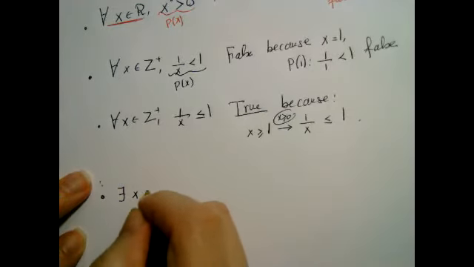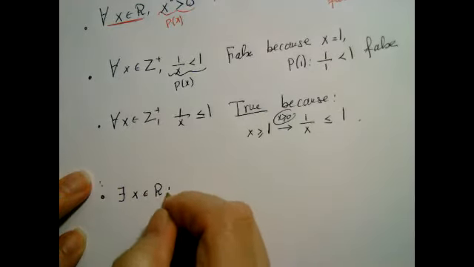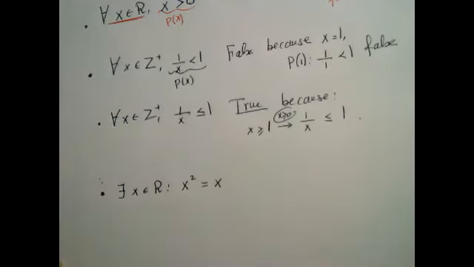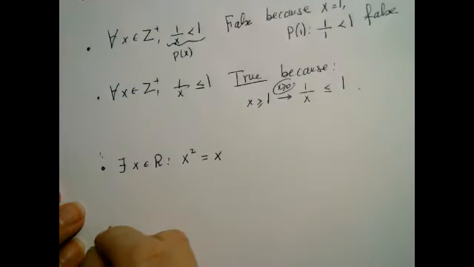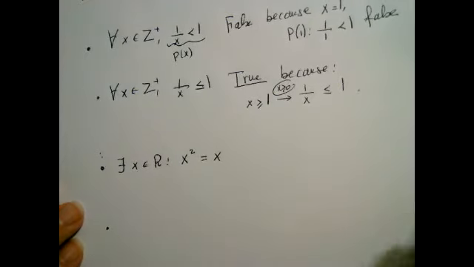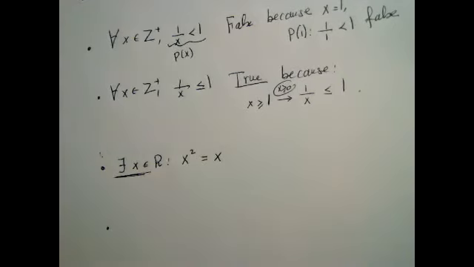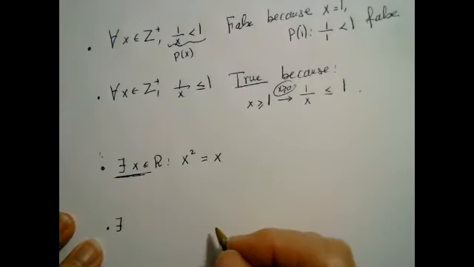There exists x in R such that x squared equal to x, true or false? Now it's an existence problem. Existence is true if... True or false?